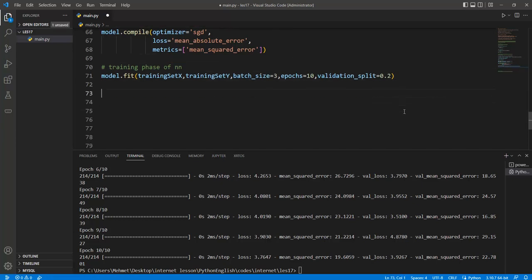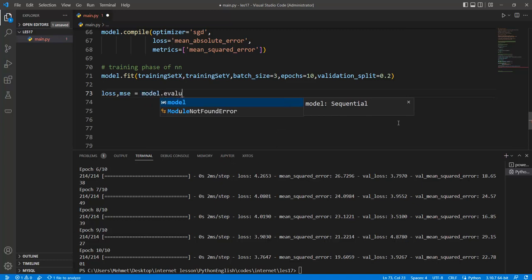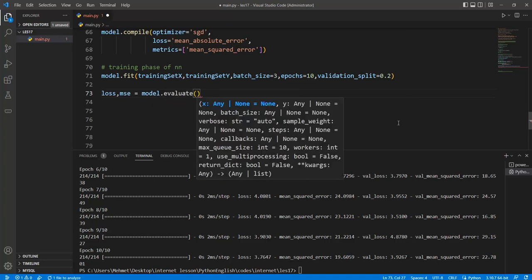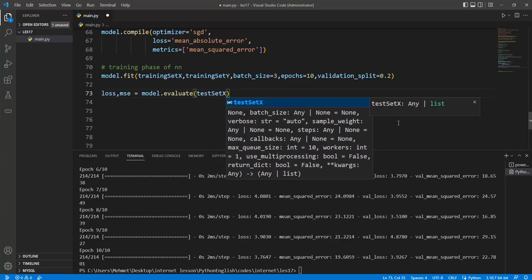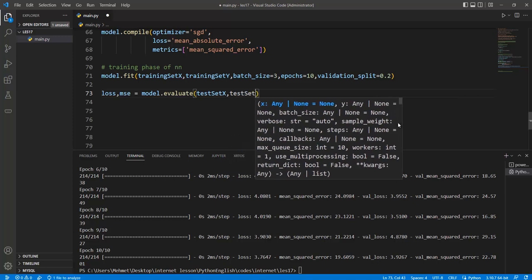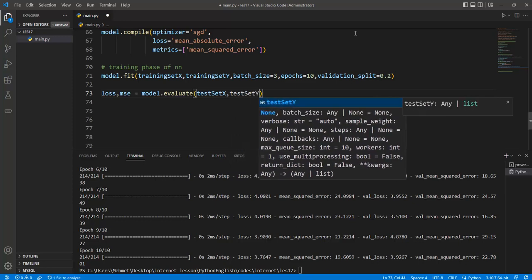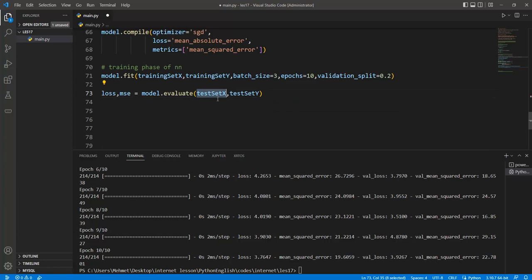And so how can we evaluate our model? We can define the loss and mean squared error like this, and the model evaluate function can be called right now, but with the data of test set x and test set y, because this data was not used to train our algorithm.